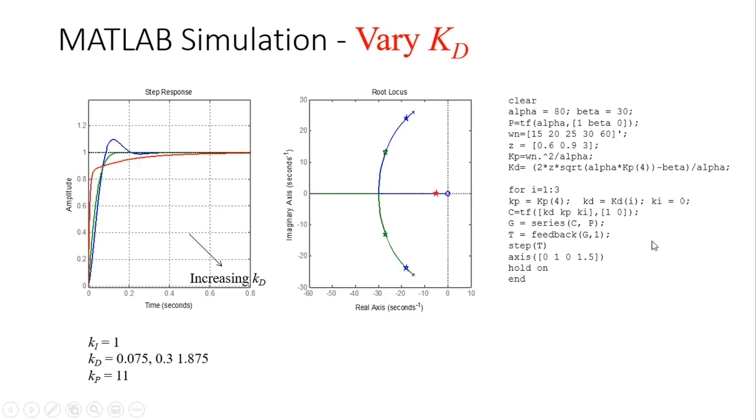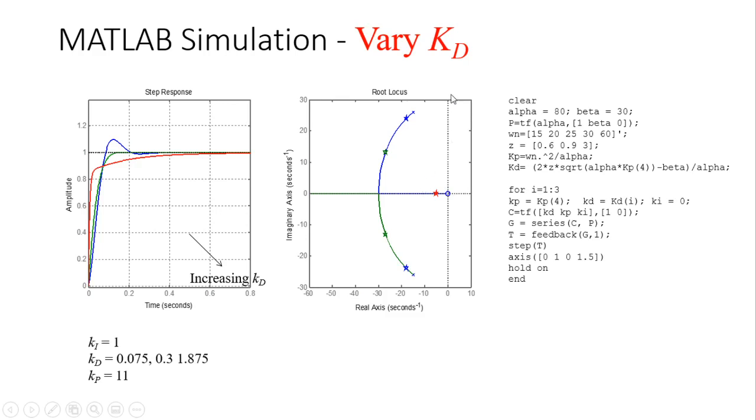When you look at this angle that it makes with the horizontal axis, do you remember what that is? That has to do with the zeta, the damping ratio. So the more vertical, the greater the angle, you have a smaller zeta. If you draw a line from the origin to that star, that angle.